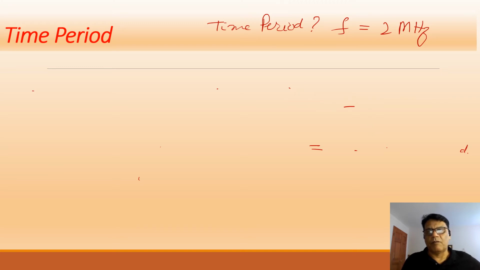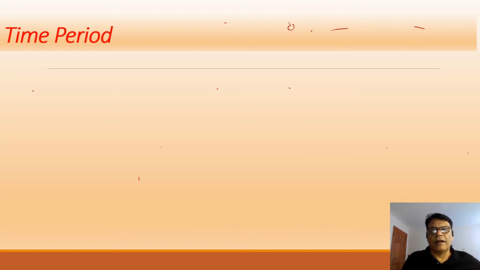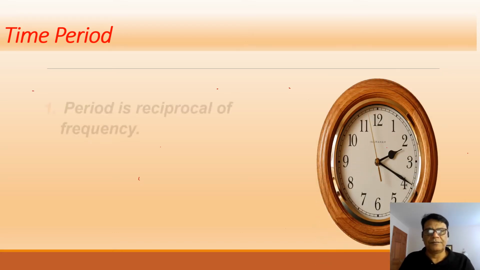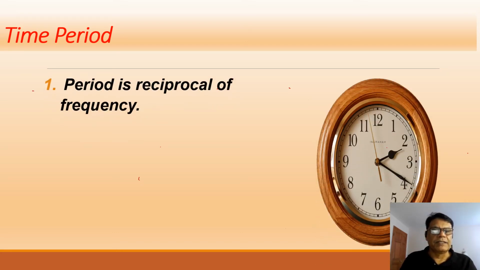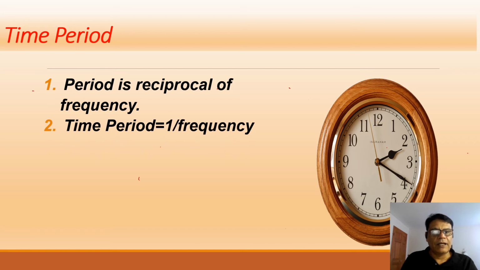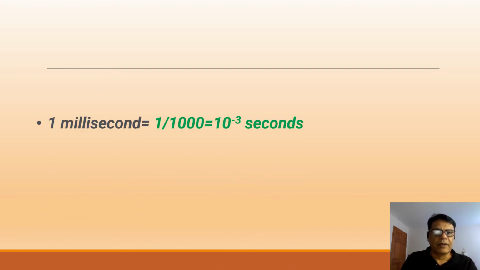Because mega means 1 million and micro means 1 millionth, so they should tally with each other. So time period is equal to 1 over frequency, and it is represented in microseconds.